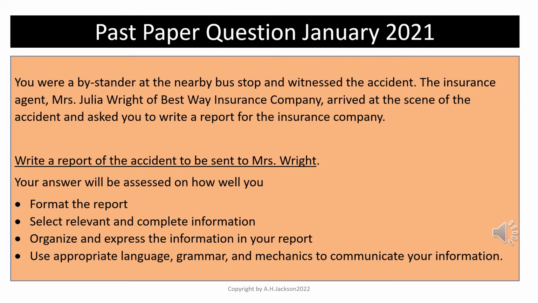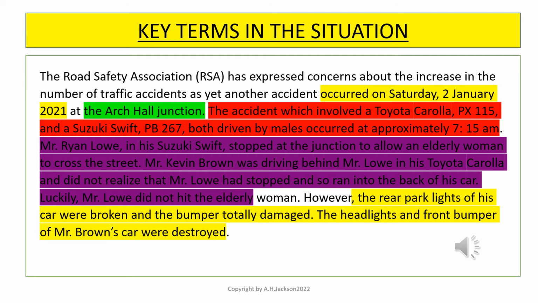Well, let us see if we can identify all the pertinent information that is stated or outlined in the situation given. Are you seeing them? Let's see if we can identify the key terms.